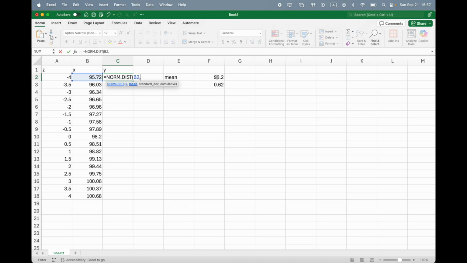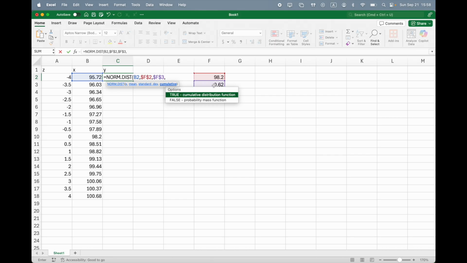In this case, the mean is 98.2. So when I select 98.2, I'm again going to hit function F4 to double dollar sign lock that cell so it does not change when I copy this formula down. Then we specify the standard deviation. I'll also lock that one.